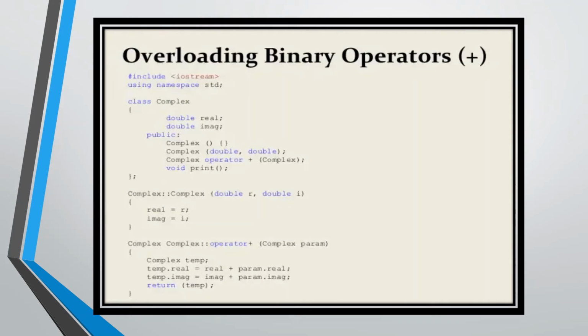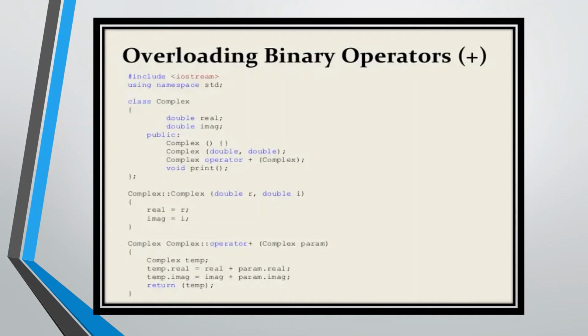Now after that I am going to define the constructors and the operator function one by one. So first I define Complex scope resolution operator Complex in brackets double r comma double i. This is the way when we define any constructor or member function outside the class: that function comes with the name of the class and the scope resolution operator.